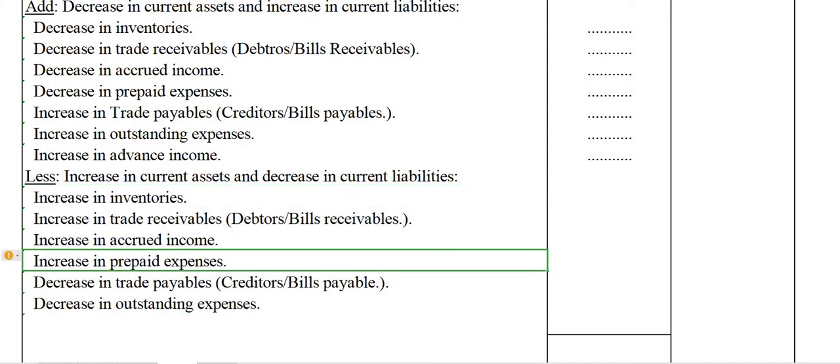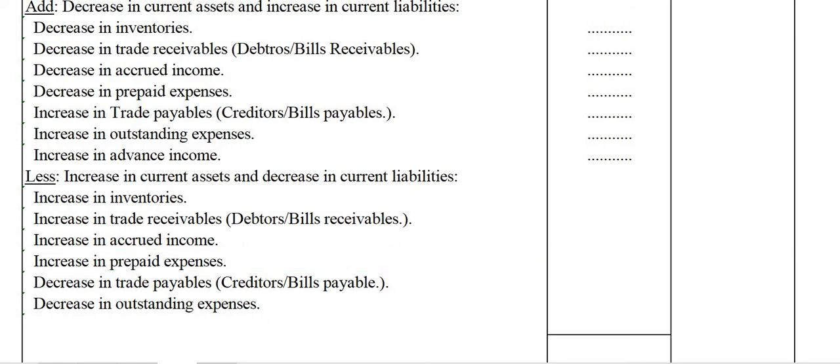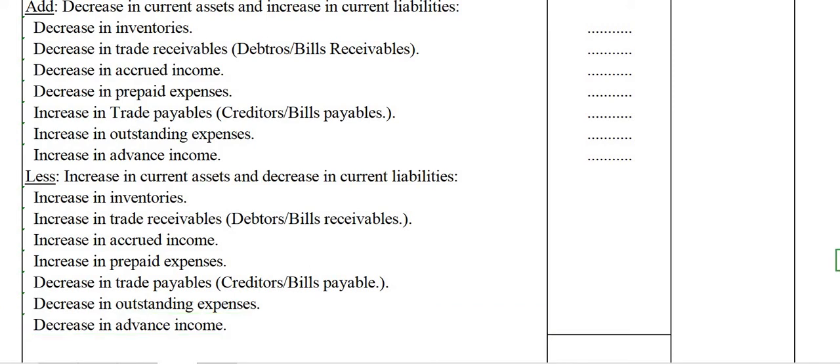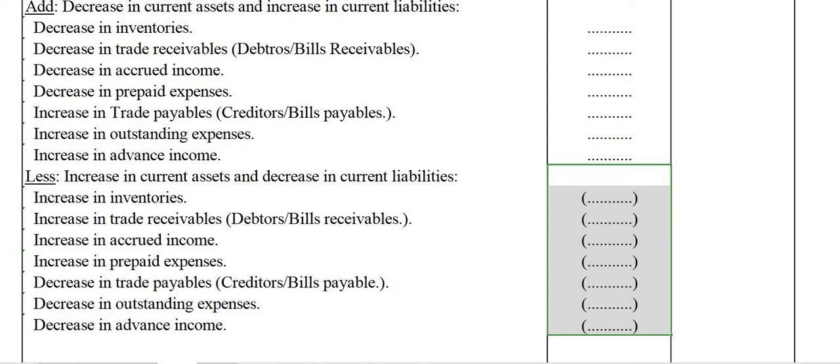Increase in inventories, increase in trade receivables, increase in debtors and bills receivable, increase in accrued income, increase in prepaid expenses, then decrease in trade payables, decrease in outstanding expenses, like that, decrease in advance income, income received in advance is a liability. If the liability decreases, that will be shown here, and we will mark the amount in brackets here. Amount will be shown in brackets.